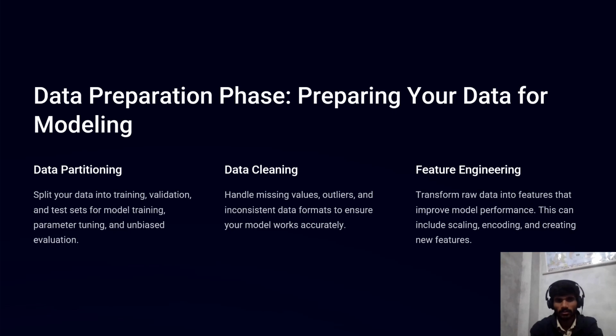Second is data cleaning: handling missing values, outliers and inconsistent data formats to ensure your model works accurately. Third is feature engineering: transform raw data into features that improve model performance. This can include scaling, encoding, and creating new features.